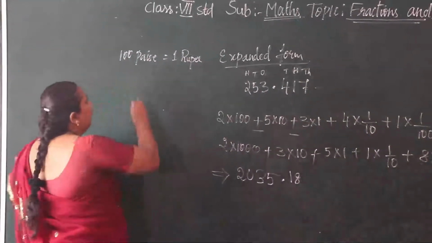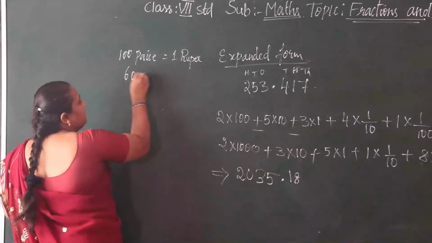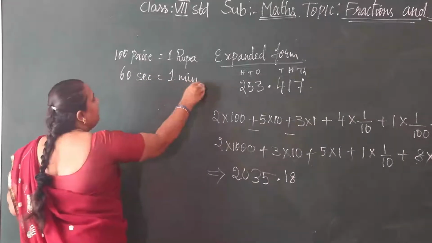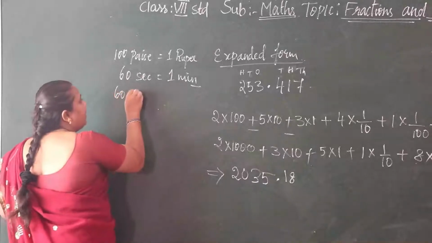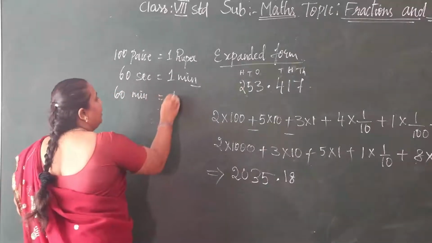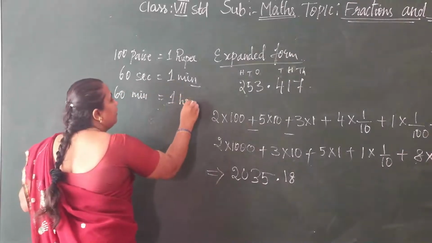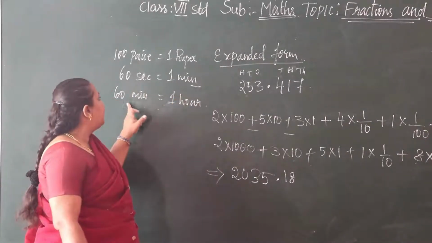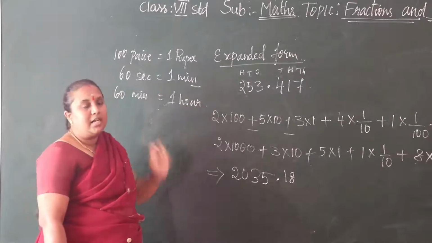So that is 60 seconds equals 1 minute, and 60 minutes equals 1 hour. So these are the conversions of timings.